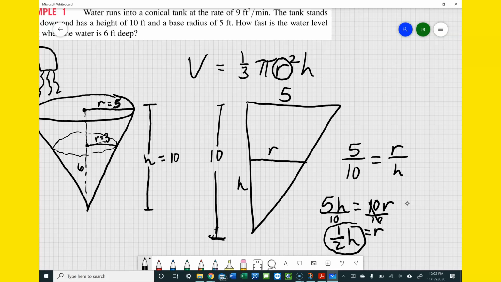So now this is equal to r, so that I can now replace that r with an expression with h. That eliminates one of my variables, which makes the problem a lot easier. And without doing that, it would be harder or even impossible.